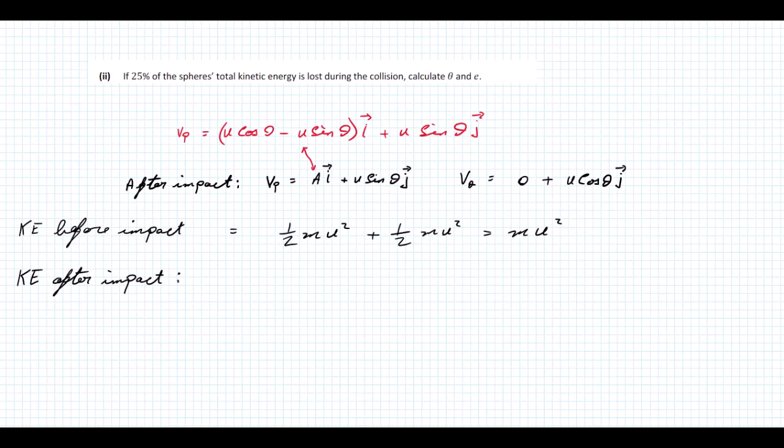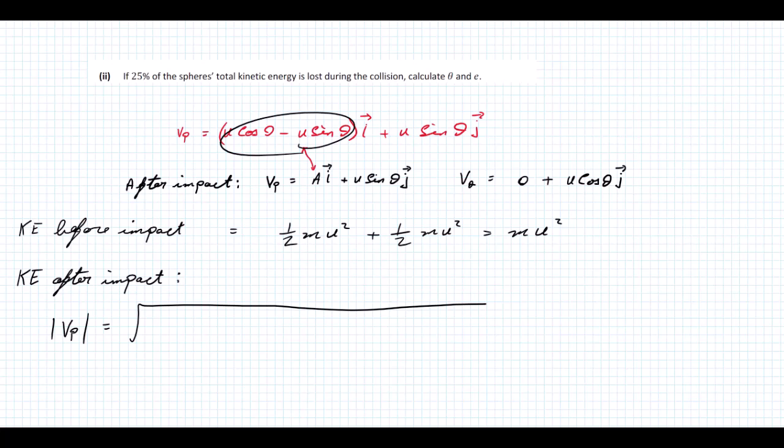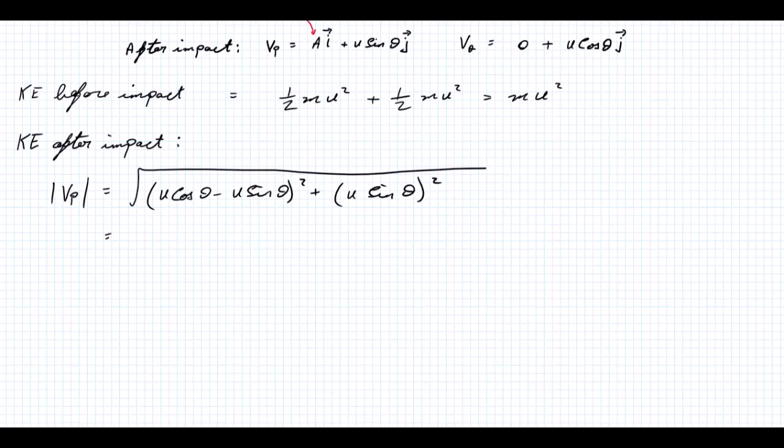The first thing we need is the magnitude of the velocity of P after impact. So that's just going to be the square root of a squared plus b squared. In other words, the square root of this squared plus this squared here. So it's u cos theta minus u sine theta squared plus u sine theta squared. So let's just multiply this out.